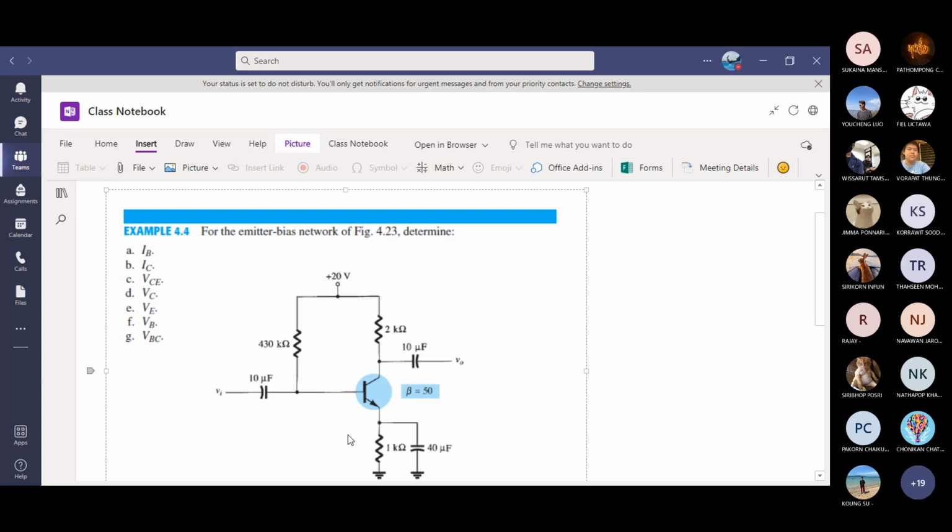Satawat, part F. Is Satawat present? Yes, Ajahn. You are doing VB. And the last one will be Mr. Yapeng Wang. Yes, teacher. I'm gonna do number G.